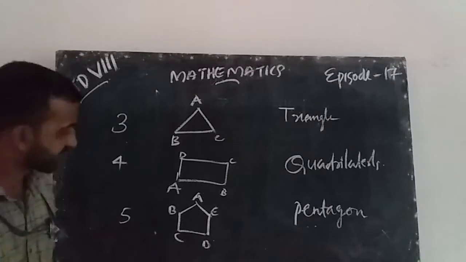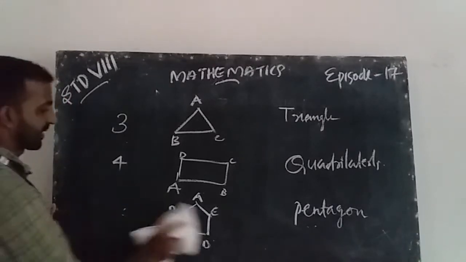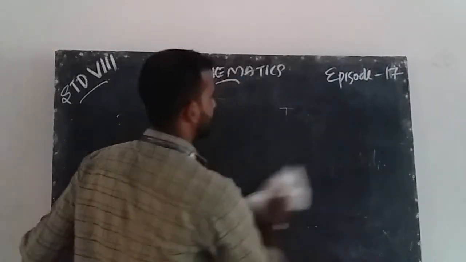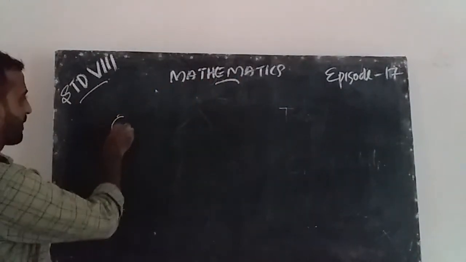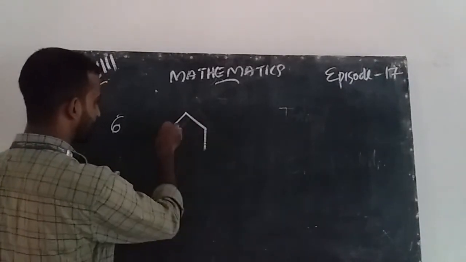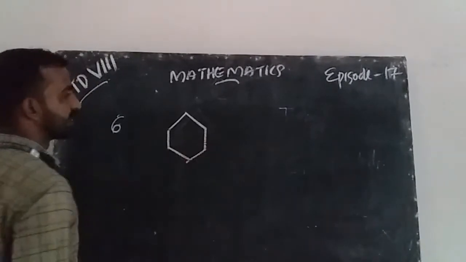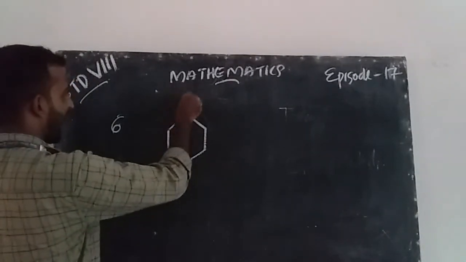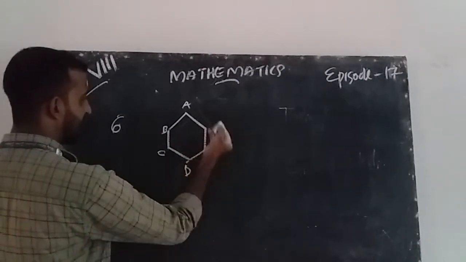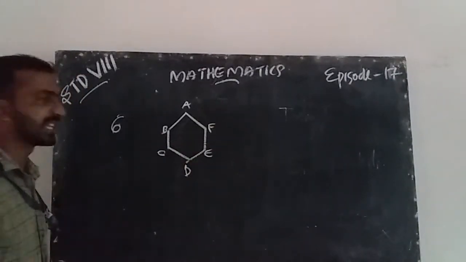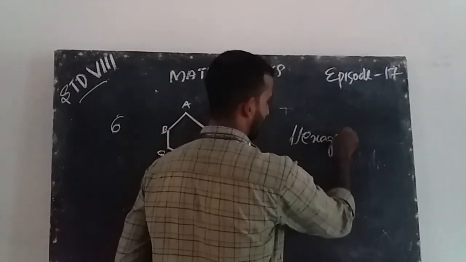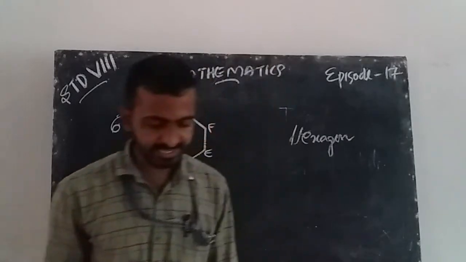And next one is what? 6. We can also draw number of vertices 6: A, B, C, D, E, F. That is a hexagon.